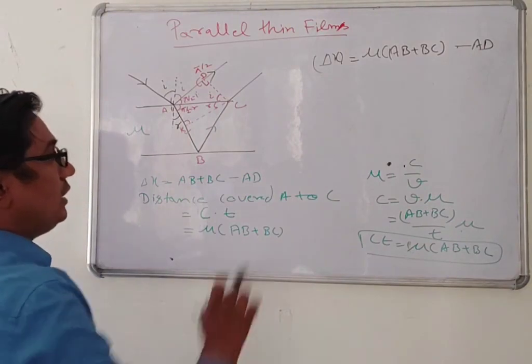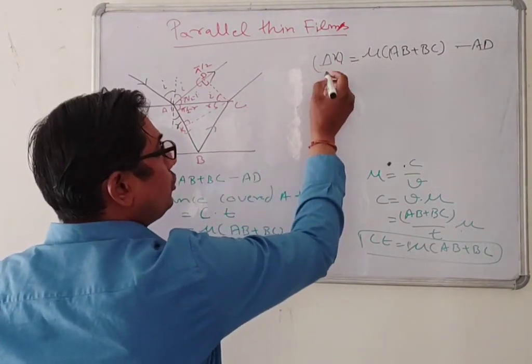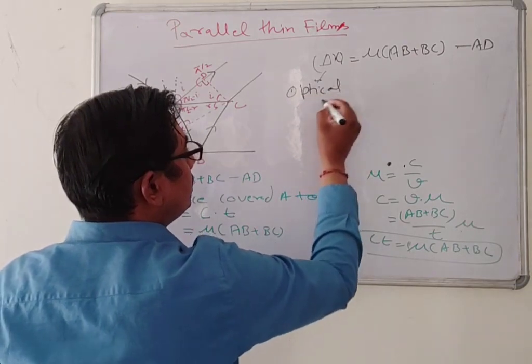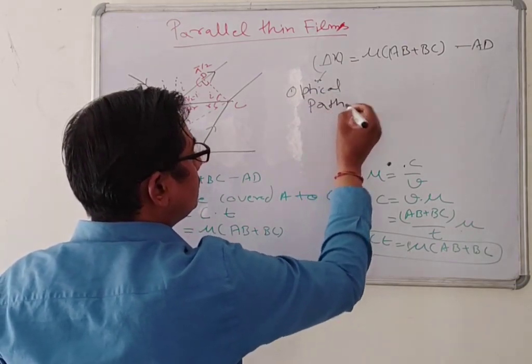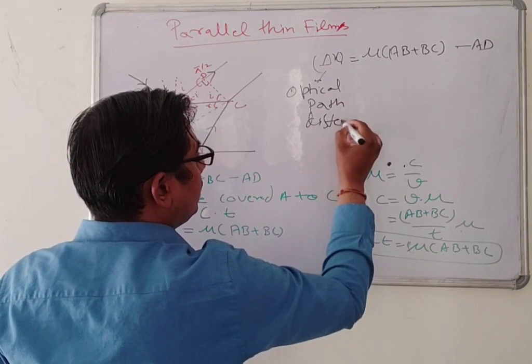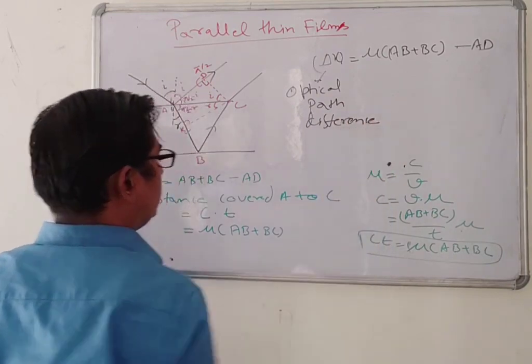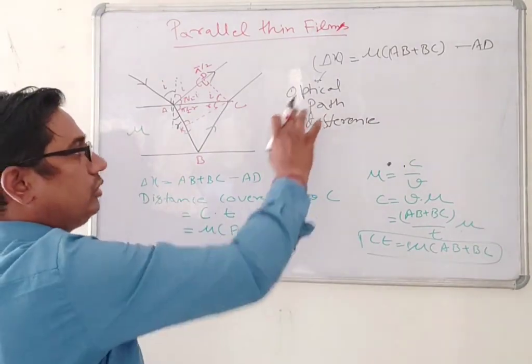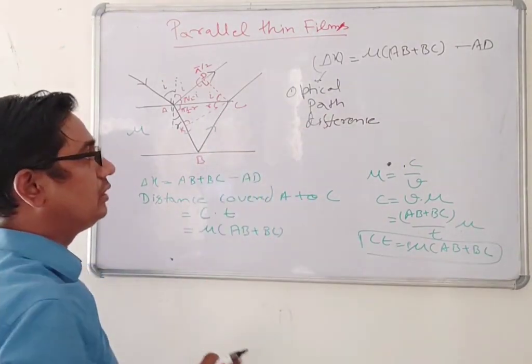This path difference is known as the optical path difference. You know, this one is simply a path difference, and this is known as the optical path difference.